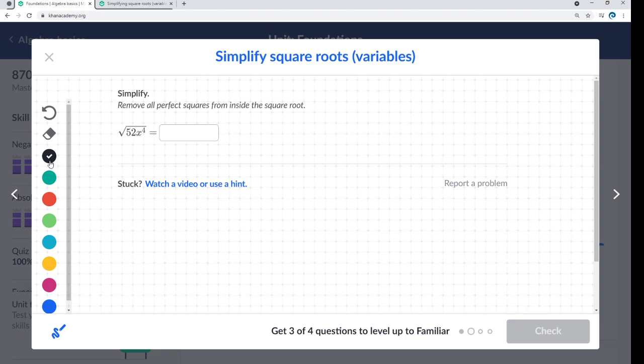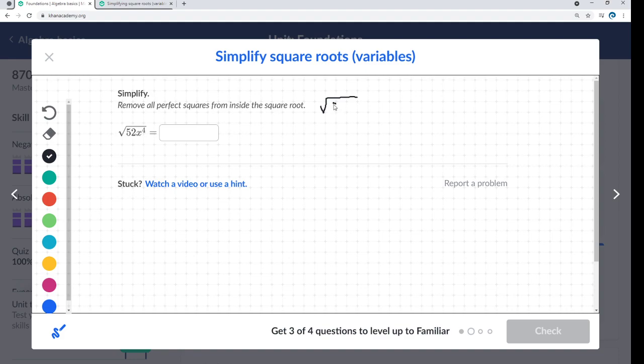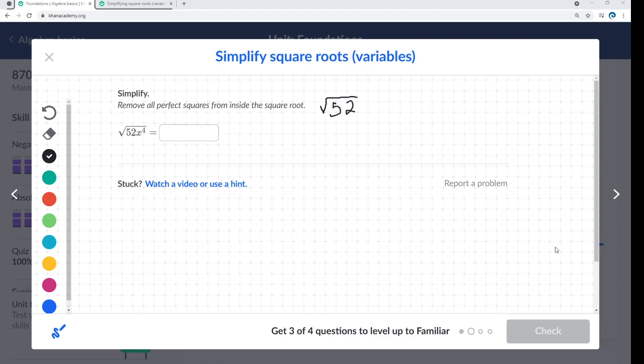So just to do it all out there again, we'll forget about the x for now, right? We'll just do 52. So 52 divided by 2 is 26. So it's 2 and 26, right? Divided by 2 is 13. So it's 2 and 13, right?